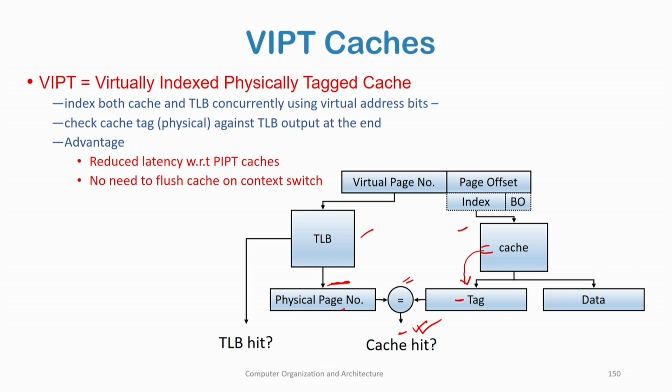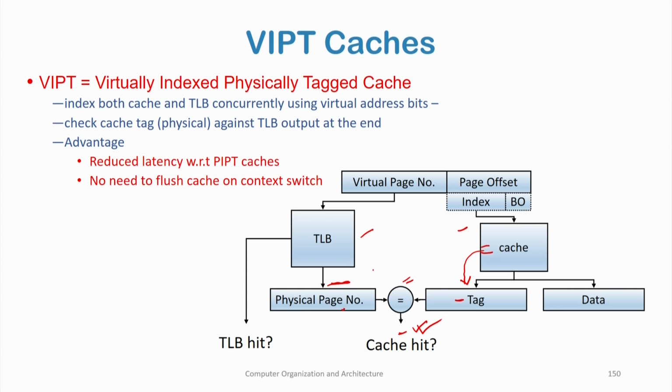So, this strategy is helpful when there is a TLB hit. On average it reduces access times with respect to a physically indexed, physically tagged cache, because the TLB and cache are accessed concurrently.